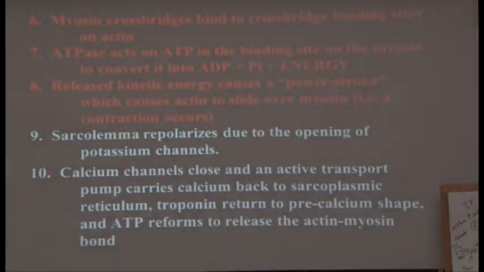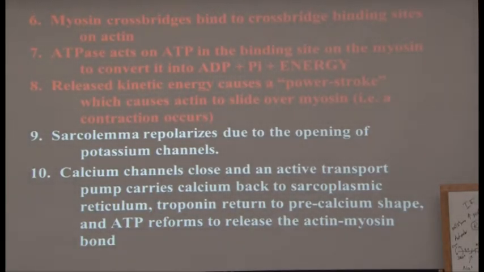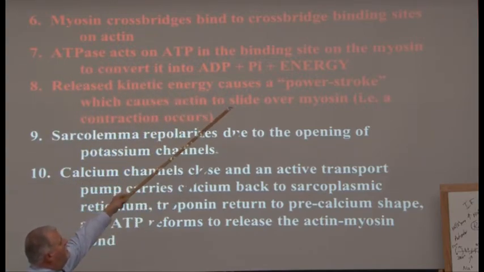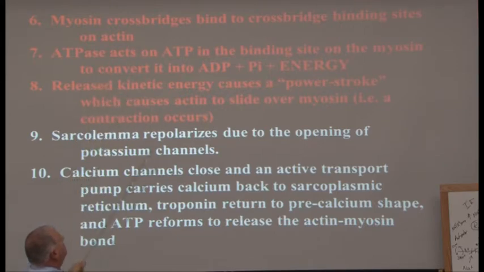Okay? All right, so then the next three steps are all part of a contractile pattern that repeatedly occurs during a contraction. So that myosin cross bridges bind to the cross bridge binding sites on the actin. We have an enzyme, and there's a pattern that we use in biochemistry where all enzymes end in ASE.